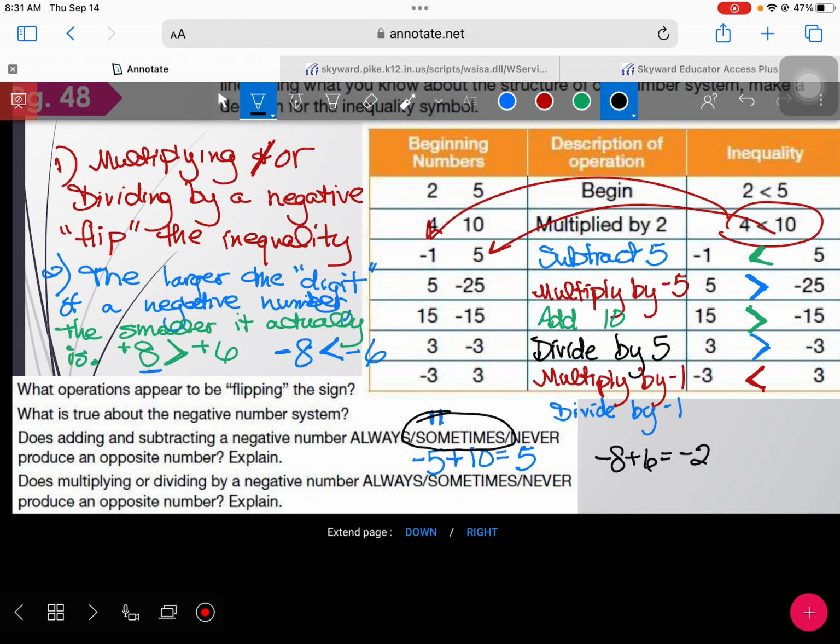Always? Does multiplying or dividing by a negative number always, sometimes, or never produce an opposite number? What do you think they mean when they say opposite number? Opposite number like negative?